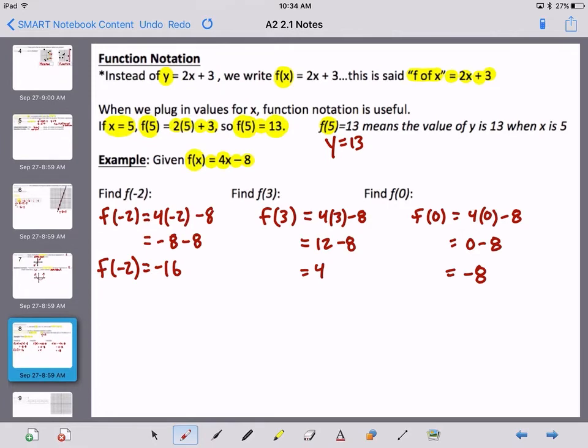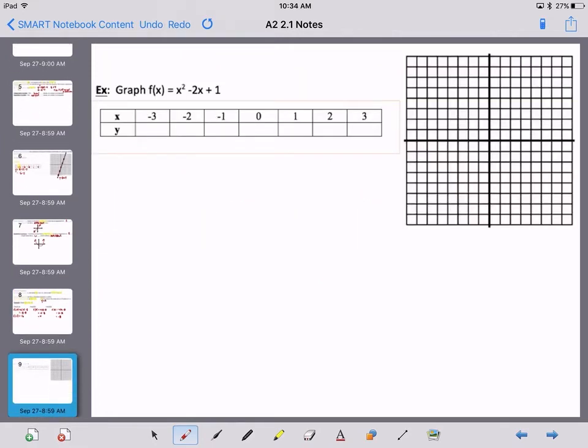And our final example for today, we're going to graph the function f of x equals x squared minus 2x plus 1. So you notice we have a power of 2, which is going to make this a quadratic, and our graph better look like a parabola when we're done. Let's plug in the first point together.